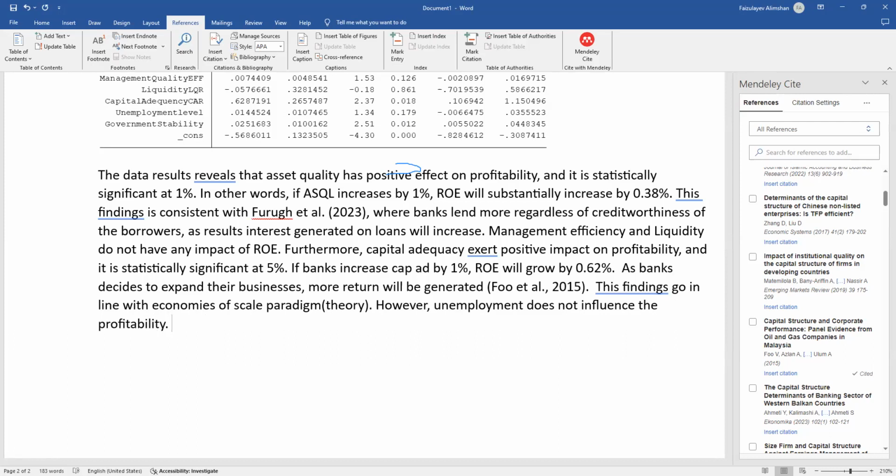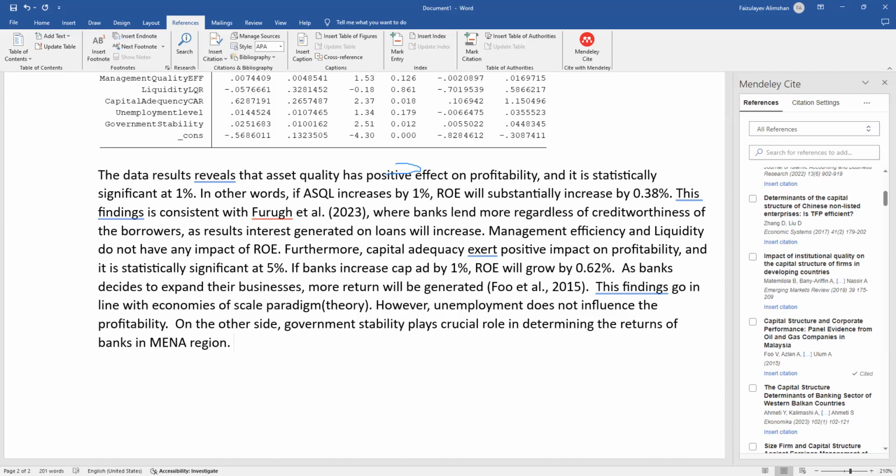And the last one we explain is government stability. On the other side, government stability plays a crucial role in determining the profitability, profits or returns of banks in many regions.